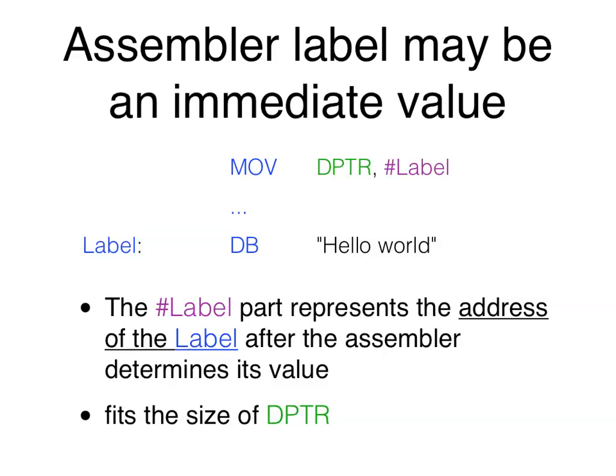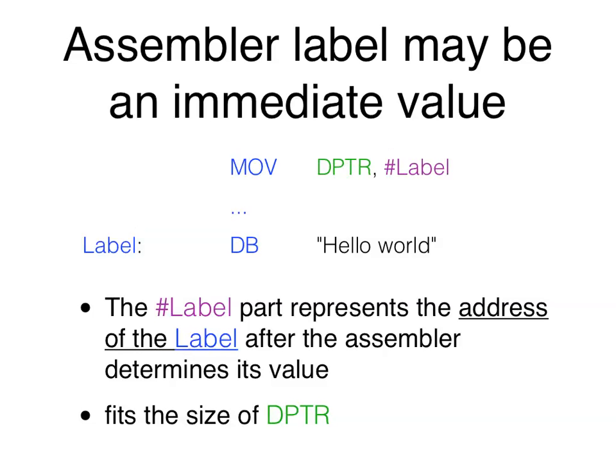That's for defined bytes. So that just puts the ASCII code for H, E, L, L, O individually, as a sequence of bytes. So that marks that location. And if you want to say, okay, I want the pointer or the address of the location marked by label, you could. You just do move DPTR, pound sign, label.